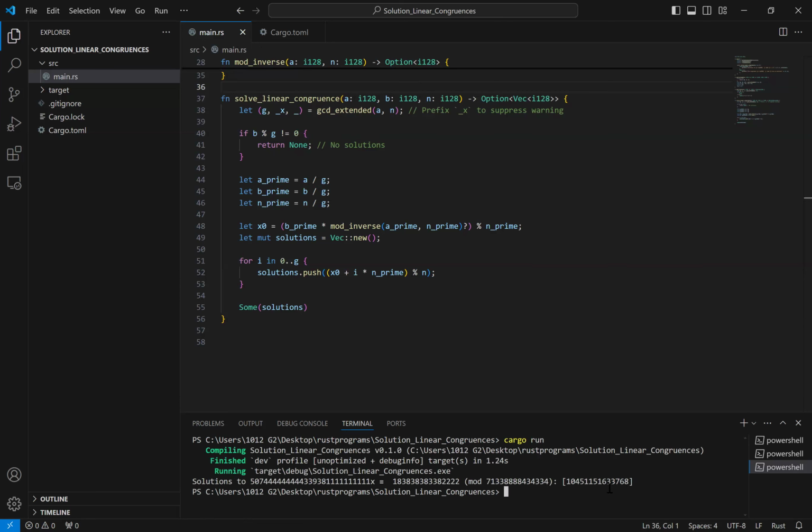Now, let me just show you the code for the big units, and then we stop there. If we have big integers, we're just changing where there's 128 and including big units.